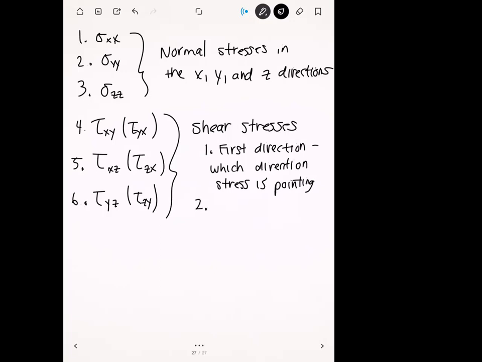Whereas the second letter in this notation, the second direction, will tell you on which plane it's acting.